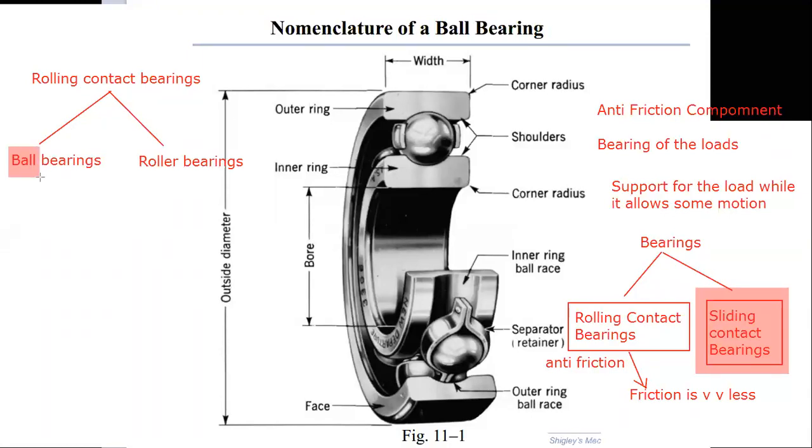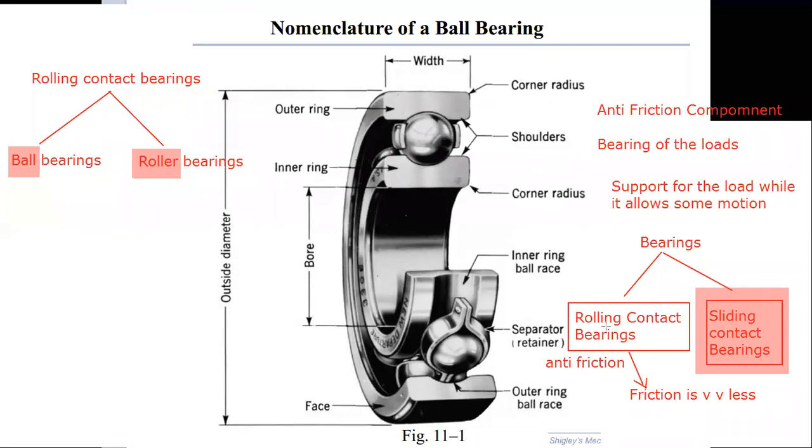So this is using balls and this is using rollers between the stationary and the moving parts. ठीक है जी. तो basically balls roll between the moving and the stationary parts, और यहाँ पे rollers जो हैं they roll between the moving and the stationary parts.